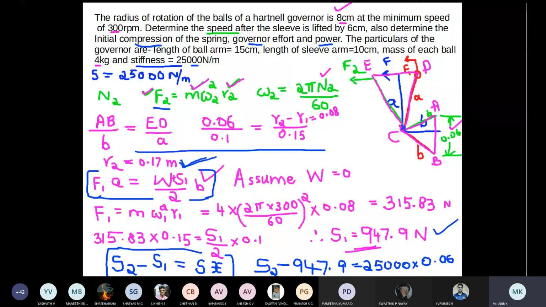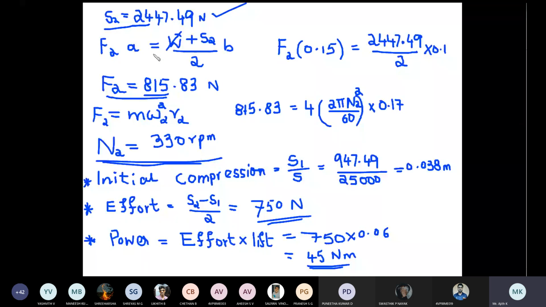After calculating S2, once again take moment about the pivot point, you will get the F2 value. Then using the centrifugal force equation, calculate N2. And these three equations you have to remember. Initial compression is given by S1 by S. Effort is given by S2 minus S1 divided by 2. And power is given by effort into lift.